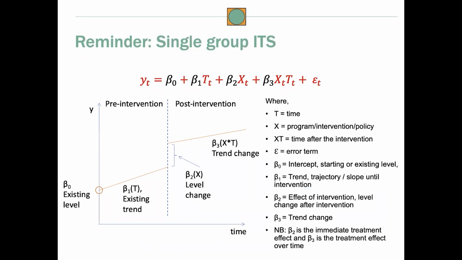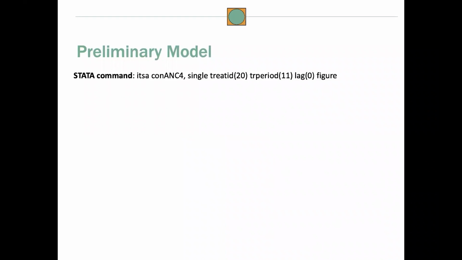Just as a reminder, this is a regression for a single group ITS and the graph that we would want to produce once we run it. For our preliminary analysis, we run our ITSA command assuming no autocorrelation, where our lag is 0. We specified our outcome variable, the constituency rate of fourth ANC visits.